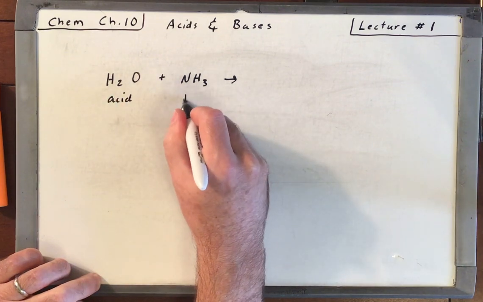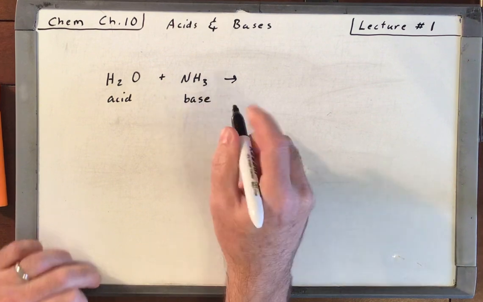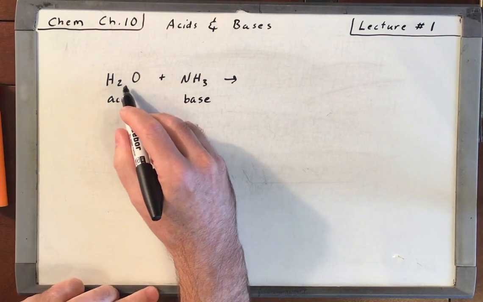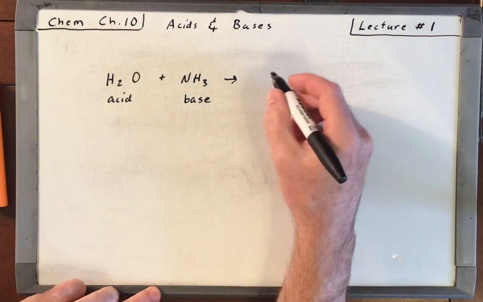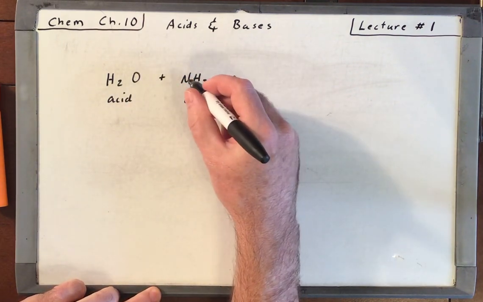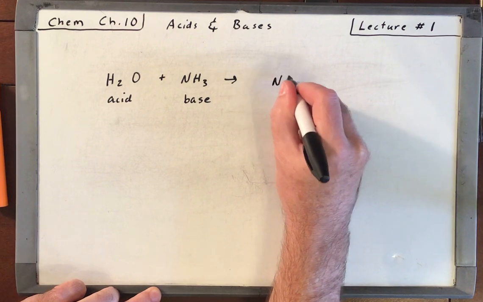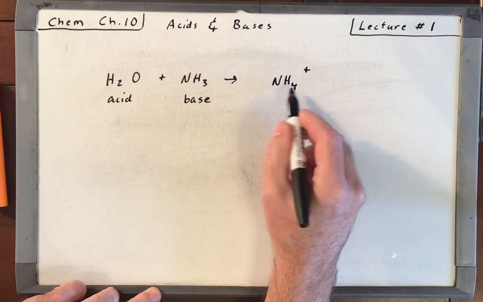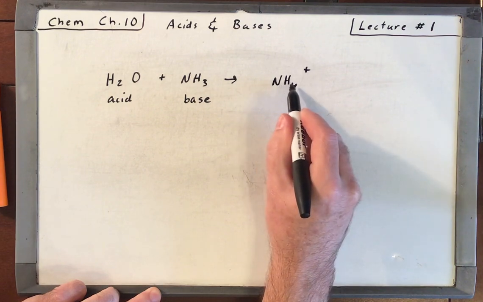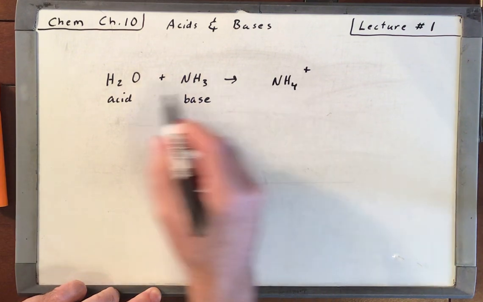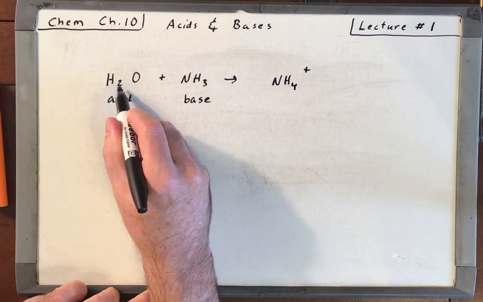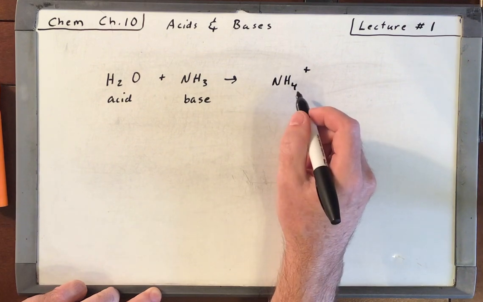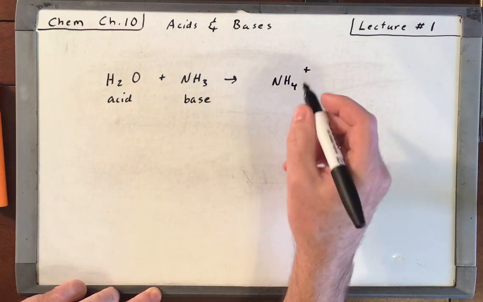NH3 is ammonia, a famous base, used in a lot of cleaners. Since water's an acid, it wants to give up hydrogens, so it gives up hydrogens to NH3, and that makes it NH4. Now, this nitrogen doesn't have enough space in its configuration to take both of those. It can't go to NH5. So what happens is that we need 2 of those.